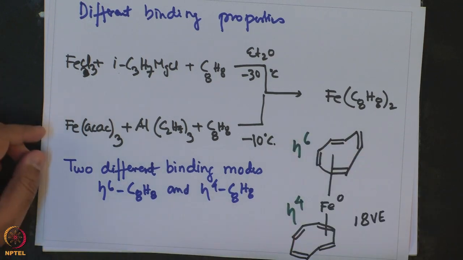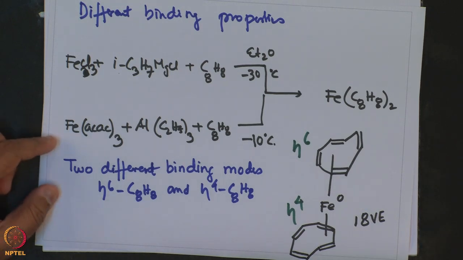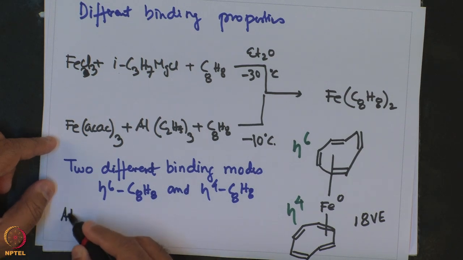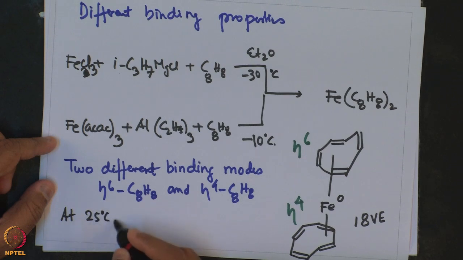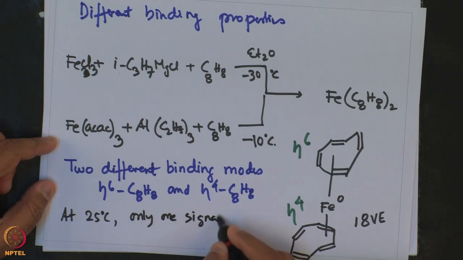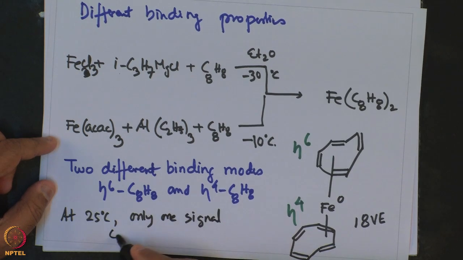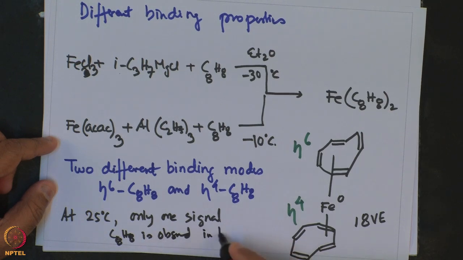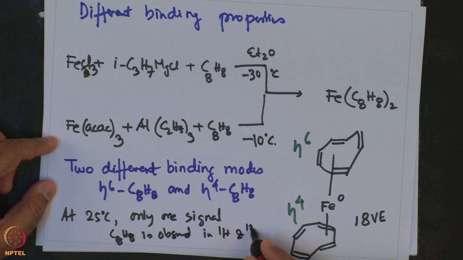Also, as was seen for the other complex, at 25 degrees centigrade this compound is fluxional, and only one signal of the C8H8 ligand is observed in proton and 13C NMRs.